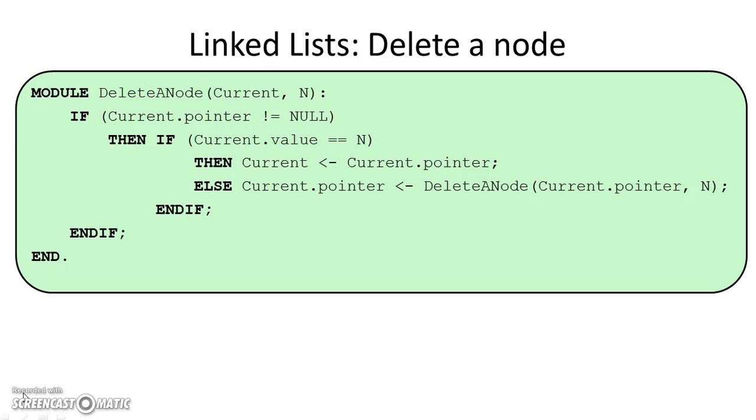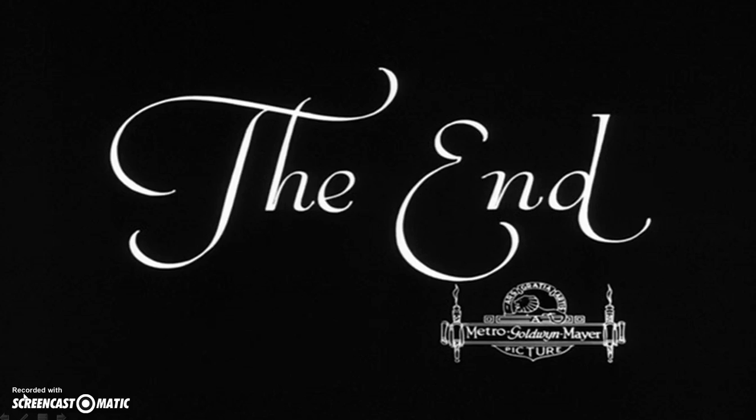Otherwise, if we haven't found it yet, current.pointer gets reassigned to point to delete a node, with the next element of the current pointer and n. So we're going to recursively traverse the list, moving along the current pointer, and if we find the value we're looking for, then we just skip over it by saying current now points to whatever current.pointer is pointing to. So thanks very much, that's recursion.